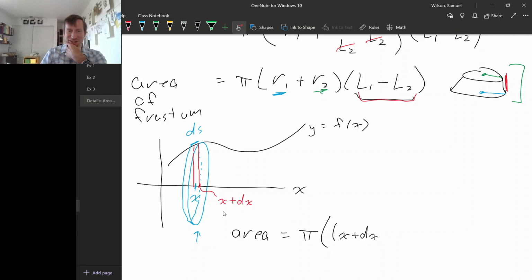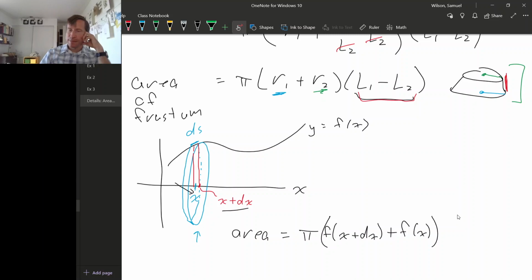The x value here is x plus dx, but the height, this radius, is in the vertical direction, so we need to apply the function to this x value. There we go. Plus the small radius on this frustum, which is the function at the left-hand x value, which is x, so f of x.